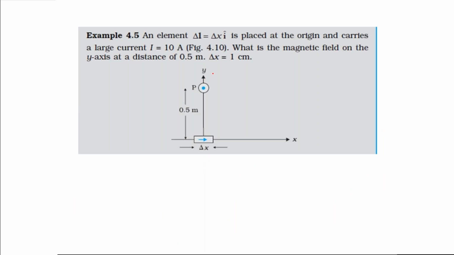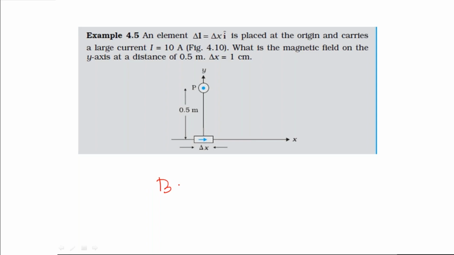So we have learned the Biot-Savart law. Now let us see whether we can apply this law to an example. This example has been taken from your book itself. Look, I know Biot-Savart law, dB.